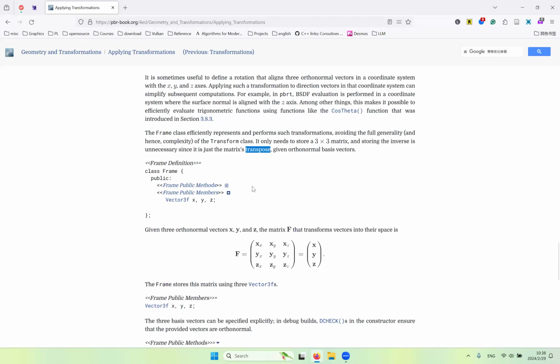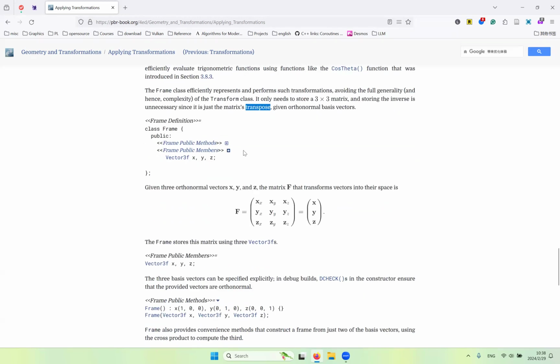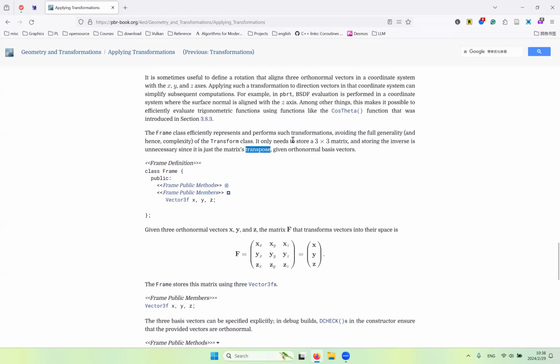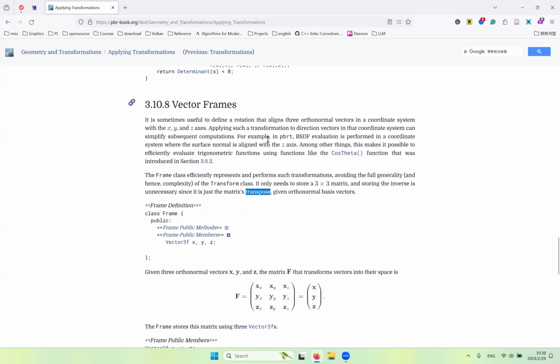Interesting. I like that they have this class rather than just using matrices everywhere, because as they said, with this class we can do some things without trig, which is really nice.